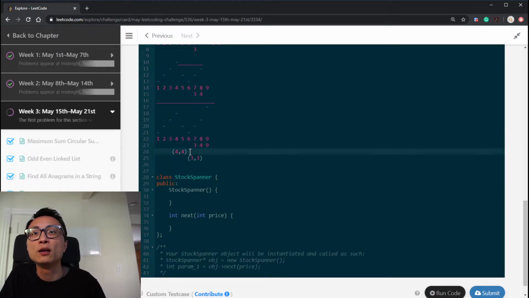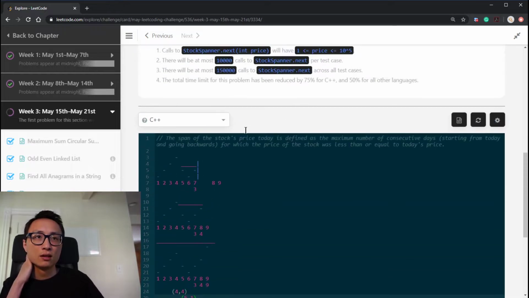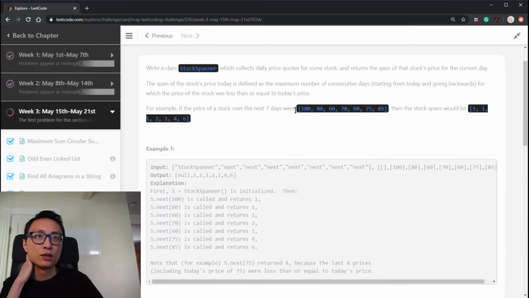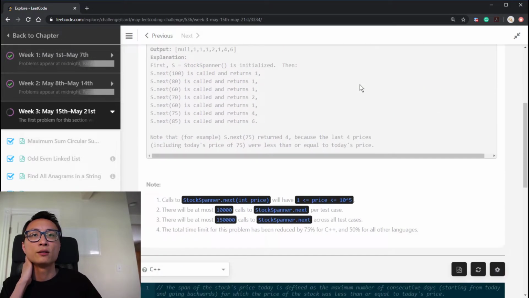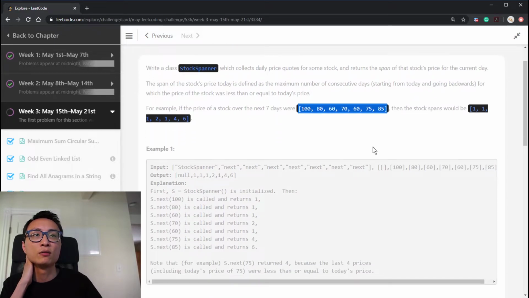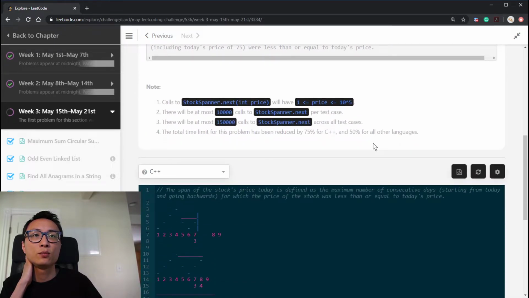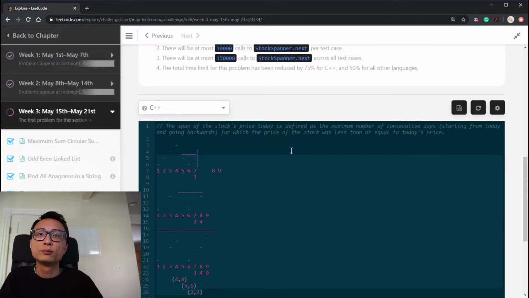So for day 5, we're just going to put 5 and 1. So instead of storing all the numbers as they are, we are doing a little bit of compression, so that when we look back, the calculation can be much simpler. That's pretty much the idea behind this approach.